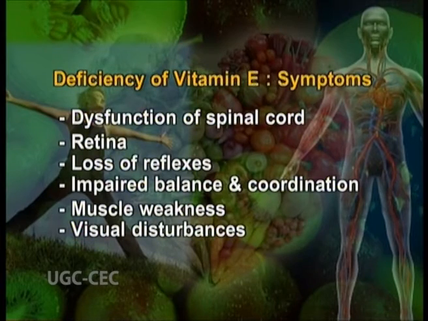In people with impaired fat absorption or metabolism, the deficiency is more prolonged. Neuromuscular dysfunction involving the spinal cord and retina may result in loss of reflexes, impaired balance and coordination, muscle weakness and visual disturbances.